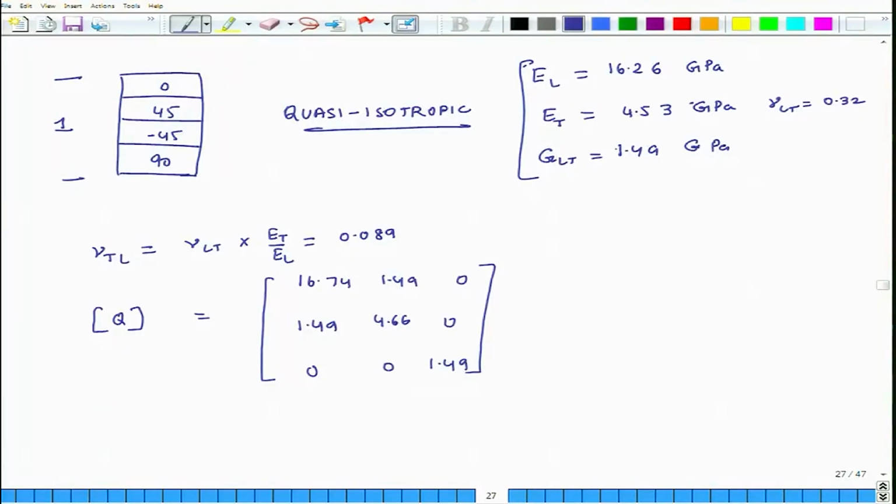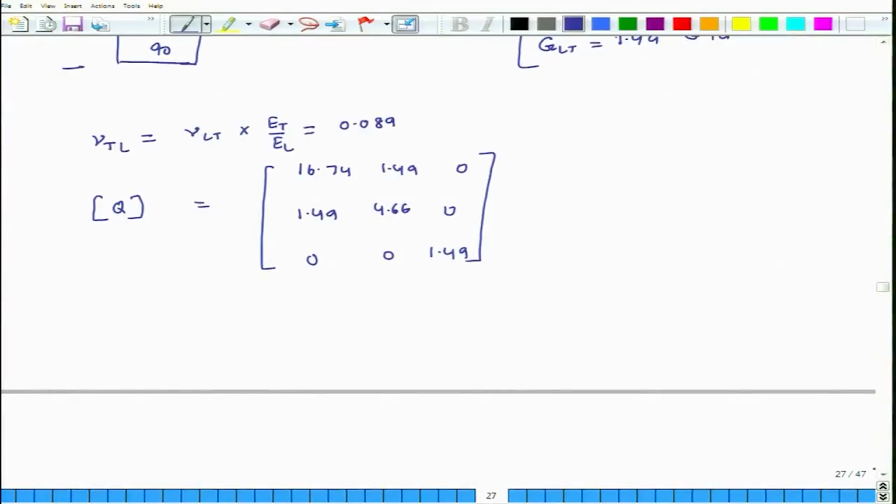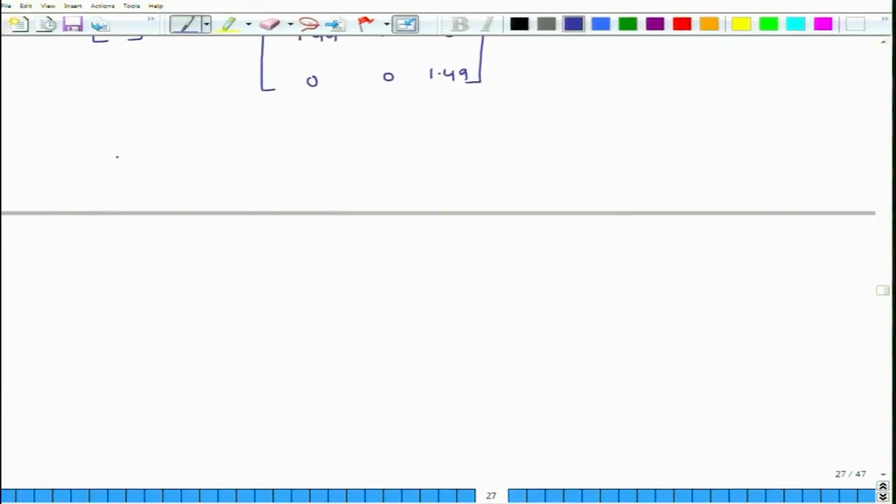Now, this has 4 layers: 0 degree, 45 degrees, minus 45 degrees and 90 degrees. So, we have to find Q bar for each of these layers, because to find the A matrix, I have to find first Q bar and then multiply by individual thicknesses. Q bar for 0 degree is same as Q matrix.